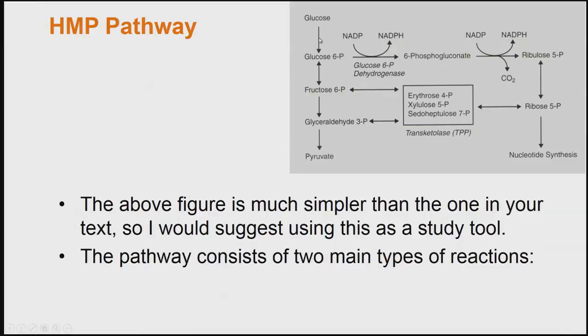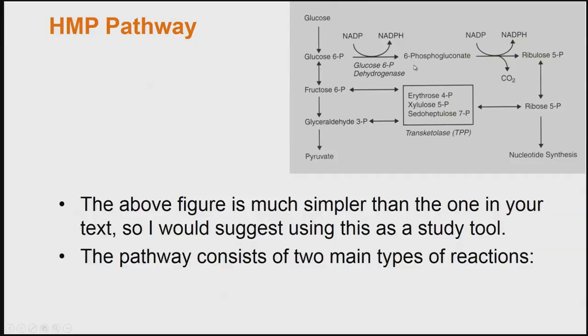So you've already seen that. So you can go in, make NADPH, and if you don't need 5-carbon sugars, you can shunt it back into glycolysis. Or if you don't need NADPH, but you do need ribose, you do need nucleotides, you could skip this step and go here. So the arrows are important in terms of the directions here.